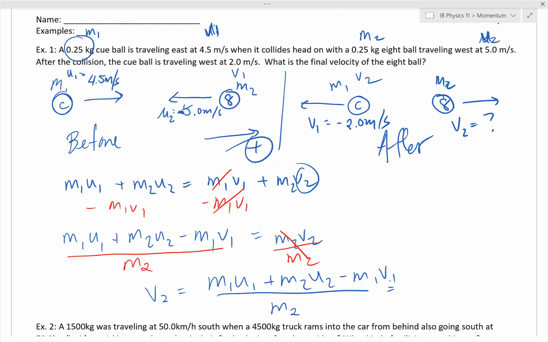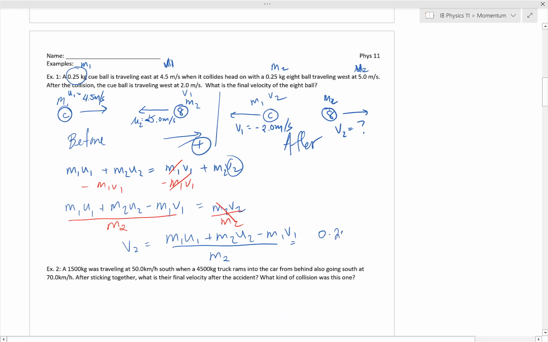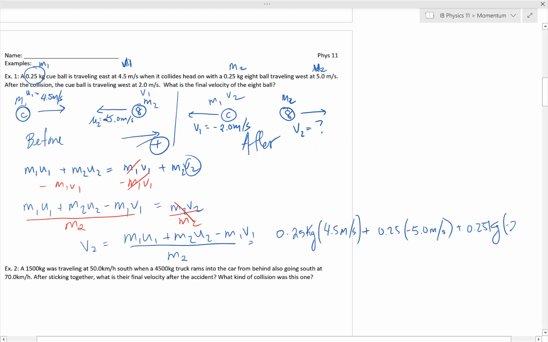Now we're going to plug in all of our values into our equation, and the key thing in this step is making sure you plug in the correct signs for your velocities. Okay, so notice that the initial velocity of the cue ball was positive because it was going east, and that's the positive direction.